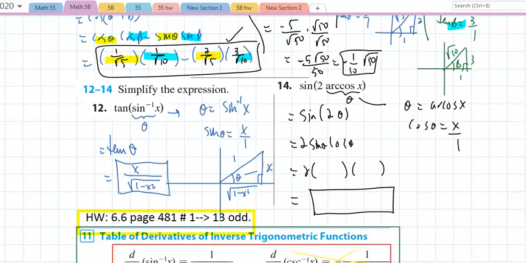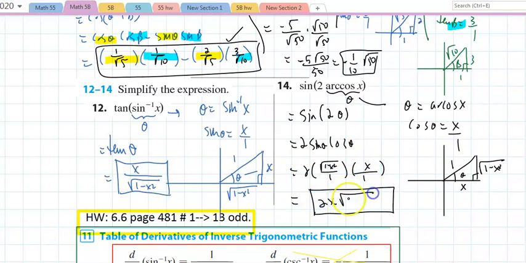And if I draw my triangle again, I am in quadrant 1. Theta, adjacent over hypotenuse, that makes this the square root of 1 minus x squared. And I need the sine of theta, which is the opposite over the hypotenuse, and the cosine of theta, which is the adjacent over the hypotenuse. And that makes this 2x, the square root of 1 minus x squared.